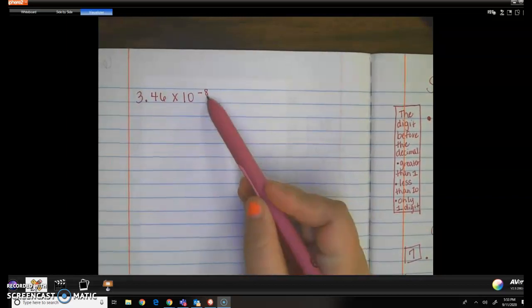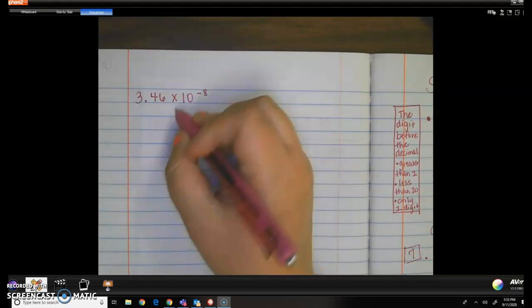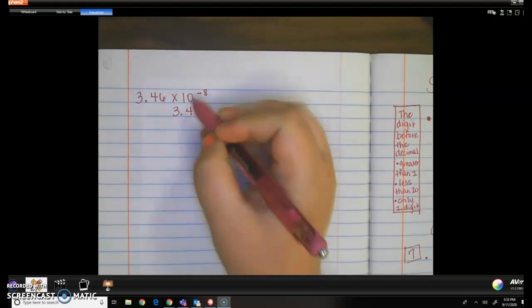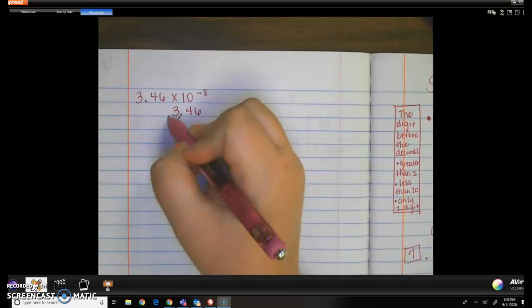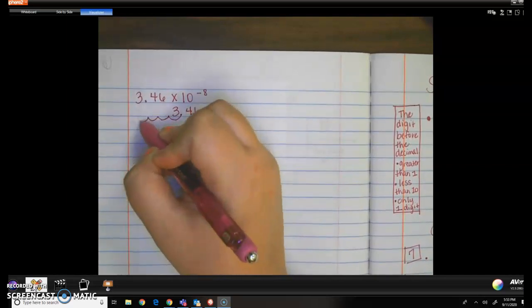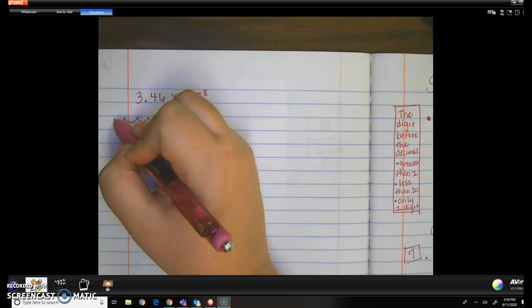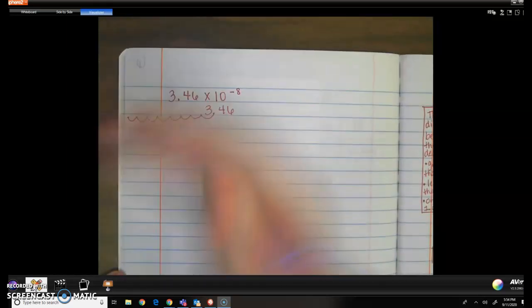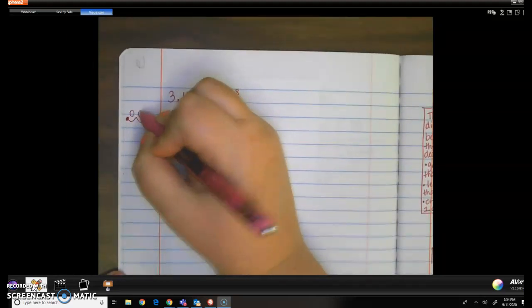The 8 tells me to move it 8 times. So I have this number, 3.46, and I move it 8 spots to the left. 1, 2, 3, 4, 5, 6, 7, 8. My paper went off. That is where my new decimal is, and I'm going to put zeros in that spot.